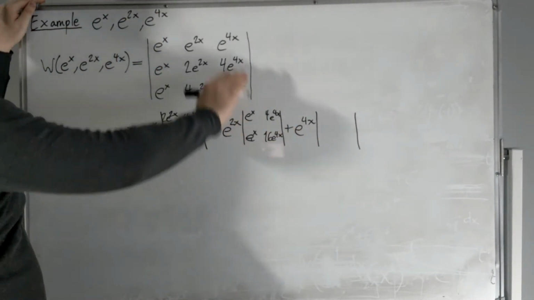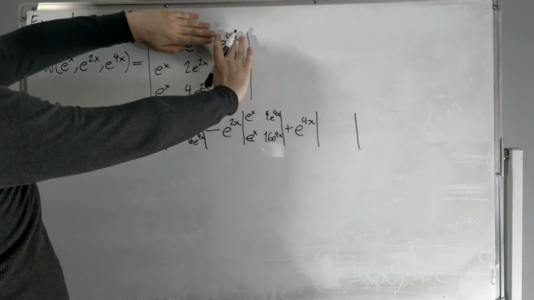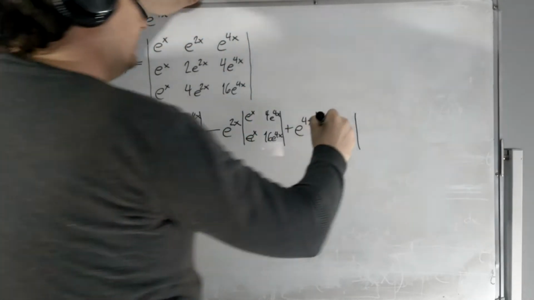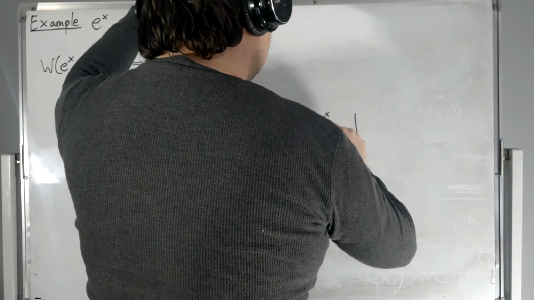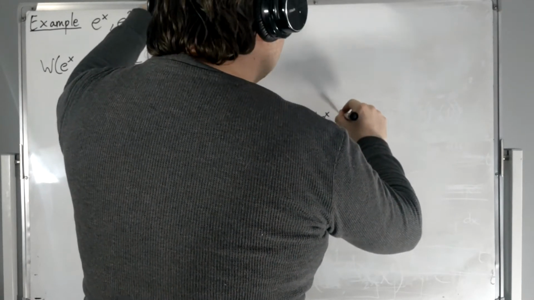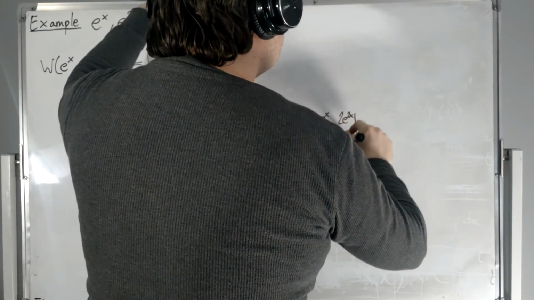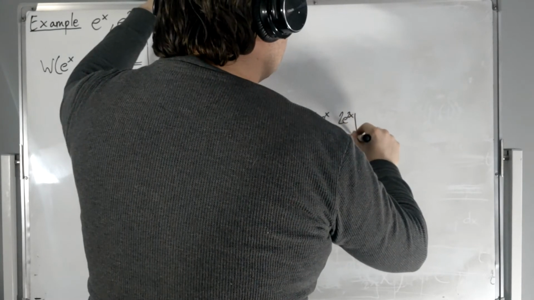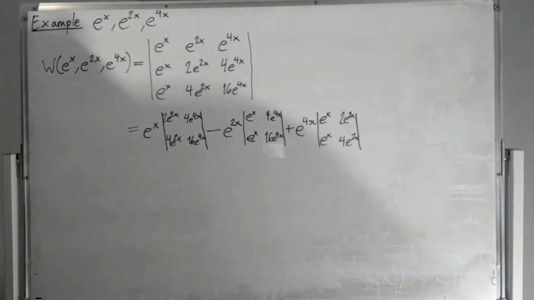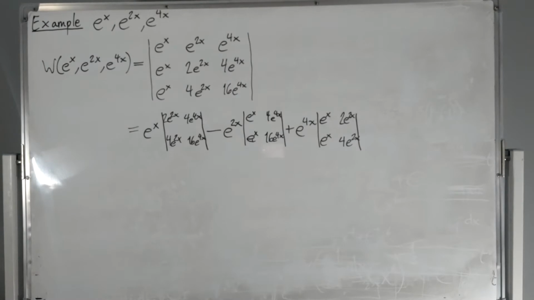And then finally for e to the 4x, you delete the row and column that contains that, and you get just e to the x and e to the x as the first column, and then 2e to the 2x and 4e to the 2x as the second column. So every 3 by 3 determinant can be broken down into 2 by 2 determinants.